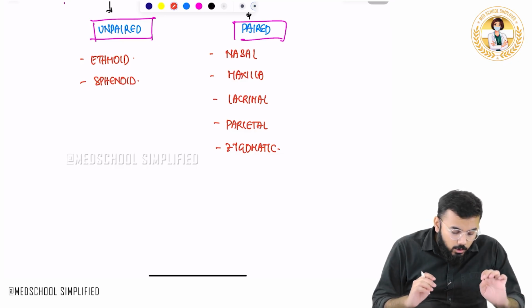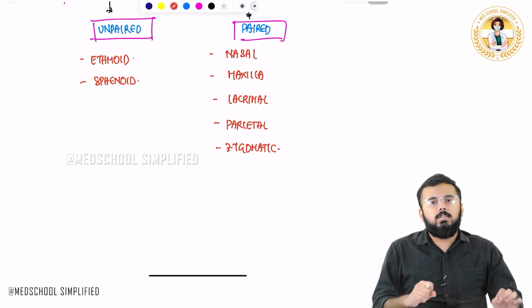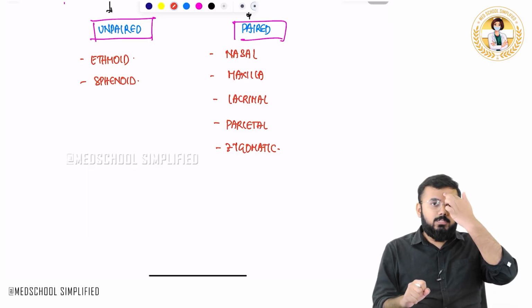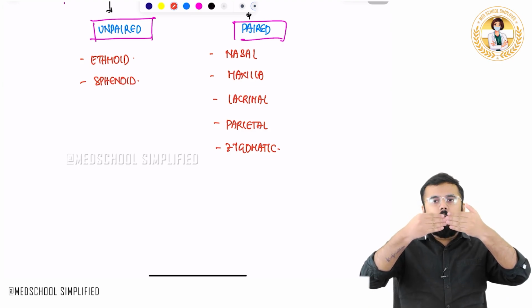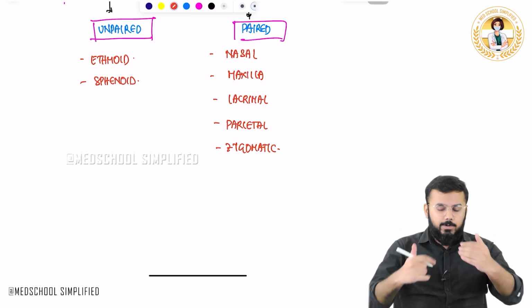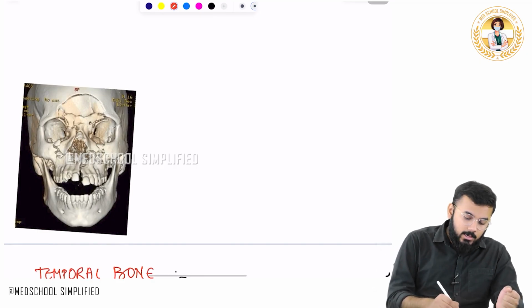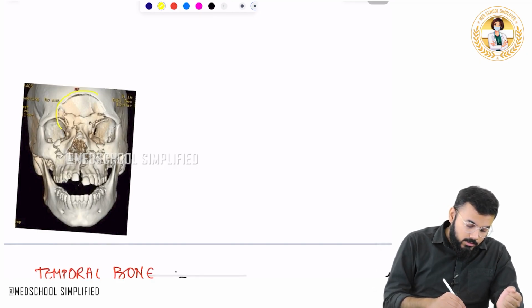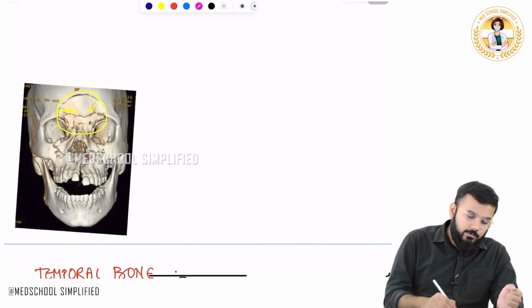Next, whenever you look at a fracture of the frontal bone, most of the fractures are depression fractures. So whenever there is a fracture, this part undergoes depression. I mean this part, whatever the frontal bone is there, it undergoes depression inside. As you can look at this image over here, you see the frontal bone is fractured and the frontal bone has gone inside, right? Such fractures are called depression fractures.